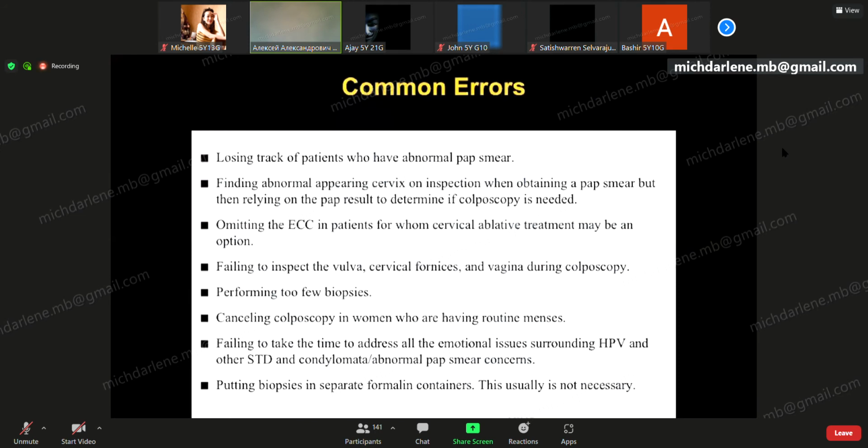Here are some common errors: losing track of patients who have an abnormal pap smear; finding an abnormal appearing cervix on inspection when obtaining a pap smear, but then relying on the pap results to determine if the colposcopy is needed; omitting the ECC in patients for whom cervical ablation treatment may be an option; failing to inspect the vulva, cervix, and vagina during colposcopy; performing too few biopsies; canceling colposcopy in women who are having routine menses; failing to take the time to address all the emotional issues surrounding HPV and other STDs, condylomata, and abnormal pap smear concern; putting biopsies in separate formalin containers. This usually is not necessary.